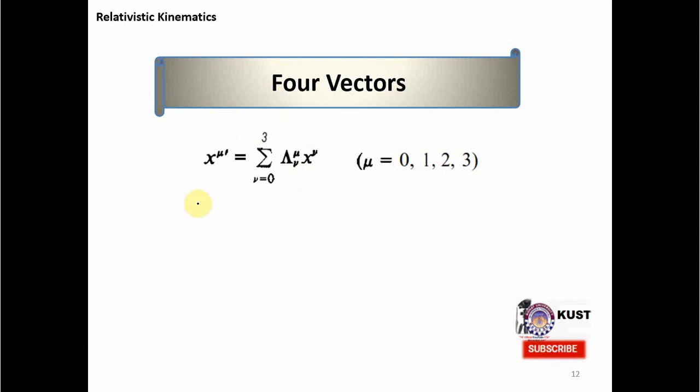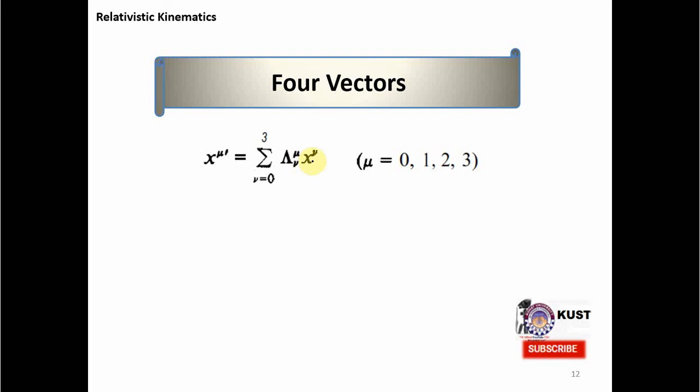So in the 4 vector notation, quite easily we have converted 4 equations into one equation. Even this sum we will get rid of by the Einstein summation convention, which is also very useful. We say that whenever an index is repeated, one in the upper position and one in the lower position, the summation will automatically be there.